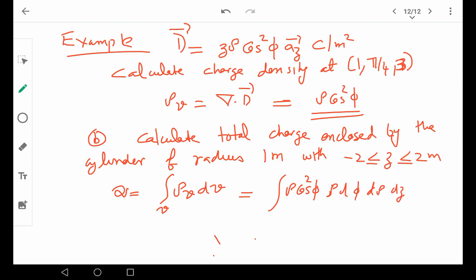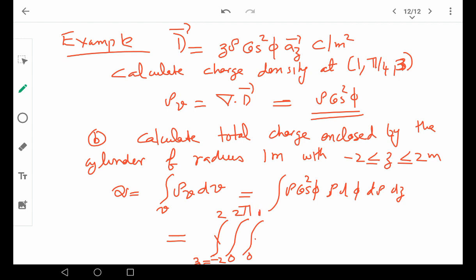It is a triple integral. z goes from minus 2 to 2, phi from 0 to 2 pi because for the whole cylinder phi is 2 pi radians, and rho from 0 to 1 meter.